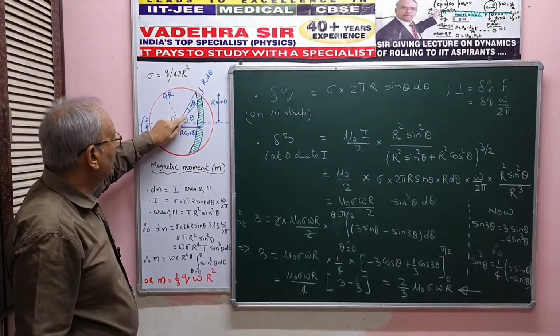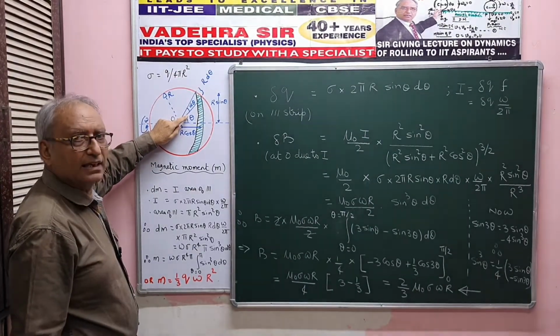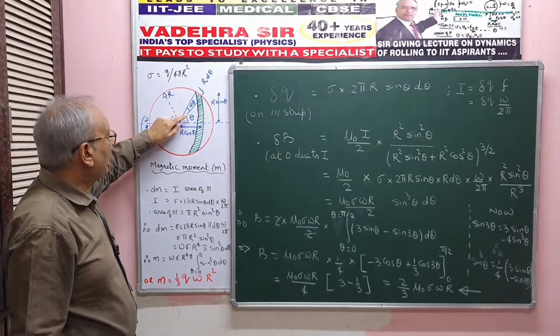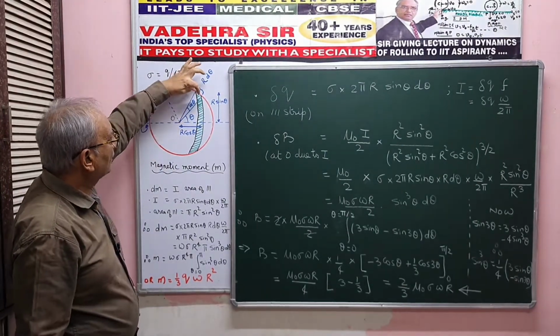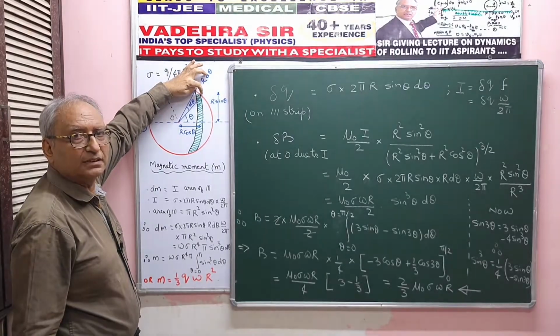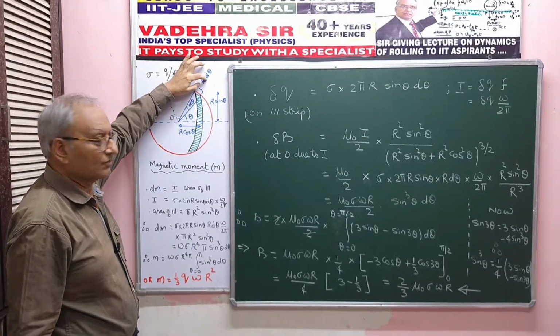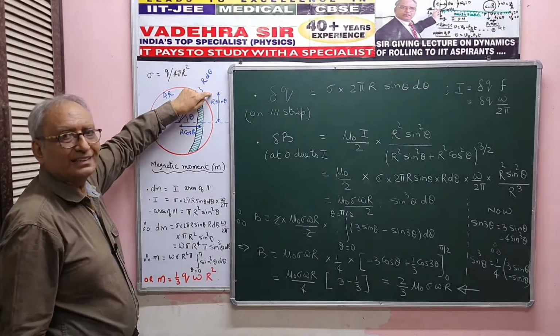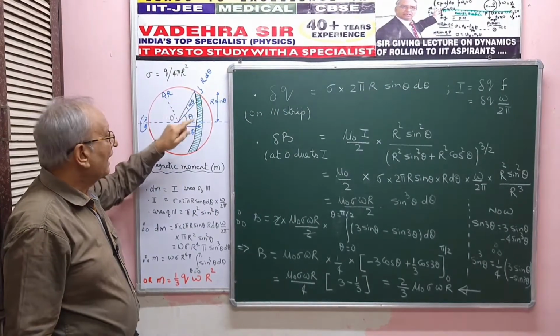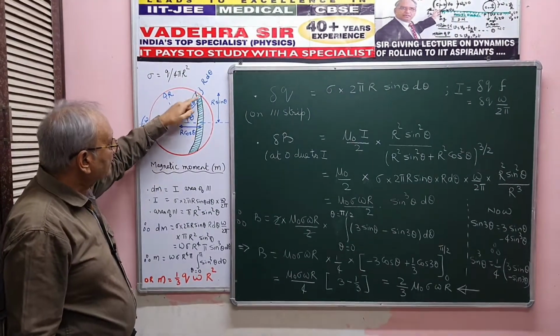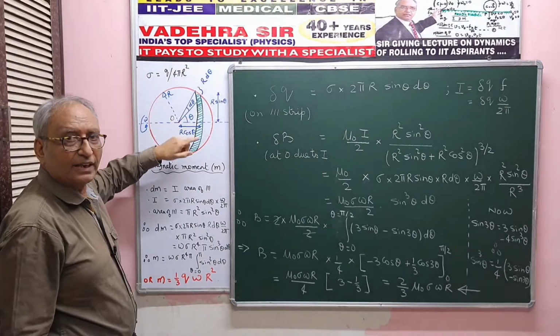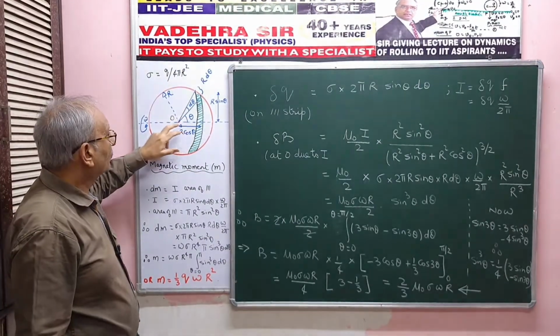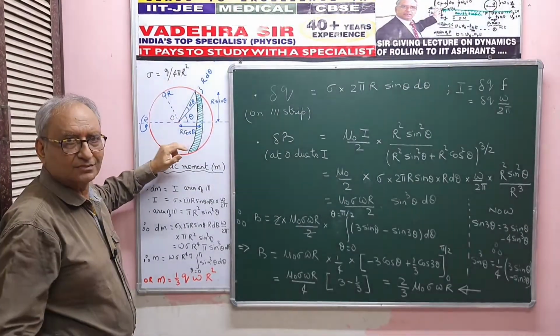So from here to here, the angle is theta, and then this part is d theta. So the width of this green shaded strip is r d theta, the radius is r sine theta, and the center of this elemental ring from O is r cos theta.